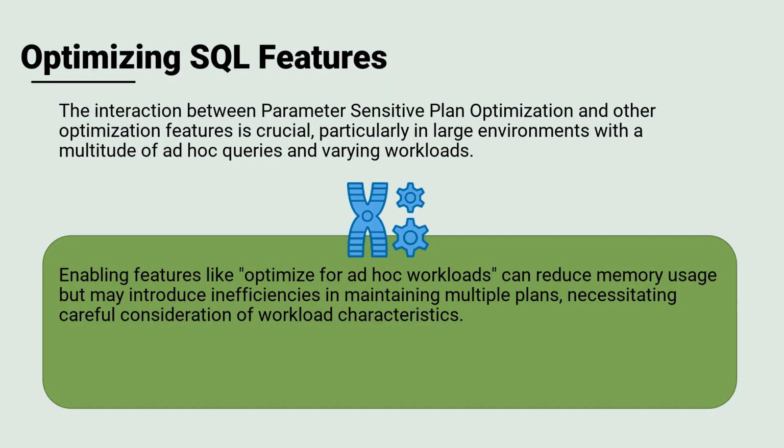This in turn significantly cuts down memory usage for those queries that aren't reused often. But here's the thing, if you're leveraging PSP optimization, enabling this feature might lead to some, let's say, inefficiencies when it comes to maintaining multiple plans. So the decision on when to use these features really should hinge on the specific workloads and the execution patterns you encounter in your environment.